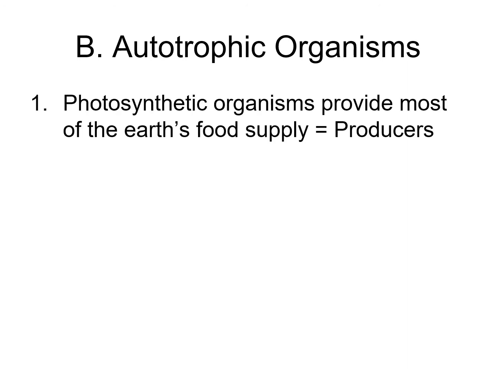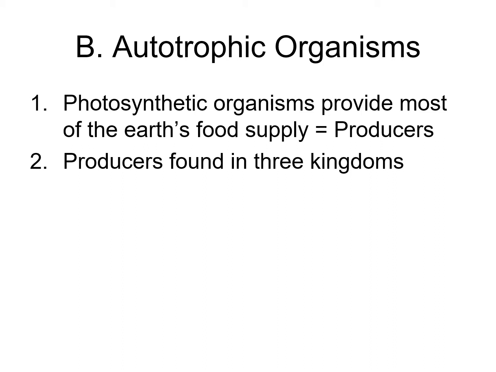You, my friends, are heterotrophic because you must consume your food. Autotrophic organisms are those that can take inorganic molecules and create organic molecules. In an ecological context, we call photosynthetic creatures producers because they produce the food consumed by all the rest of the creatures.